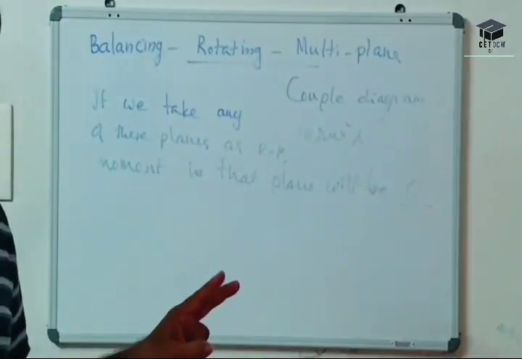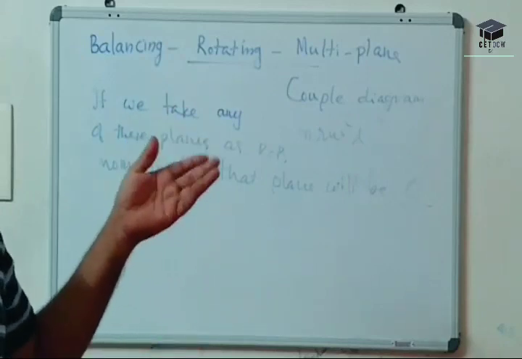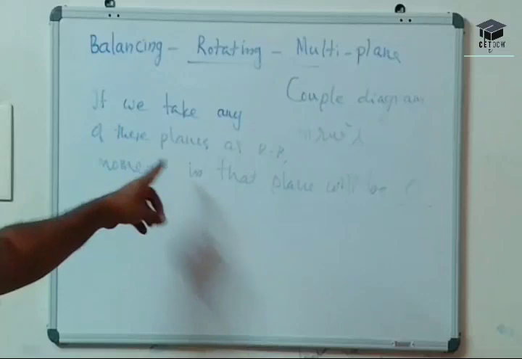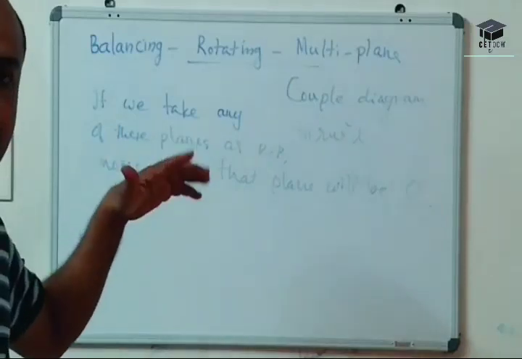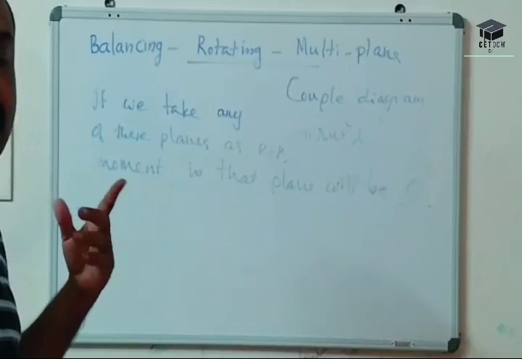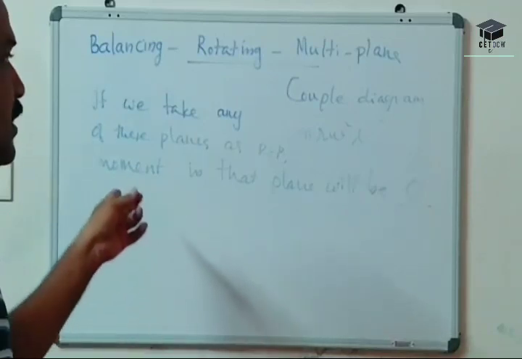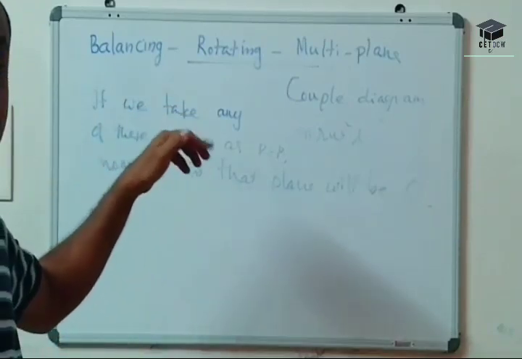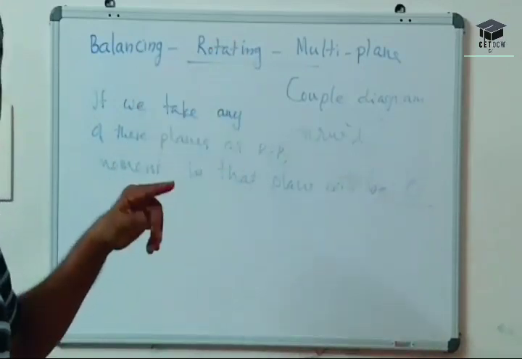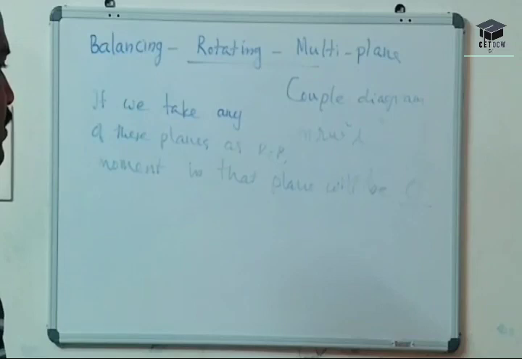When there are two unknowns, you can take any of these two as reference. Then the couple due to that mass will be 0. This is convenient. In the force diagram, we do not have that luxury. You have to mark all the sides. So this is why we start with the coupled diagram.